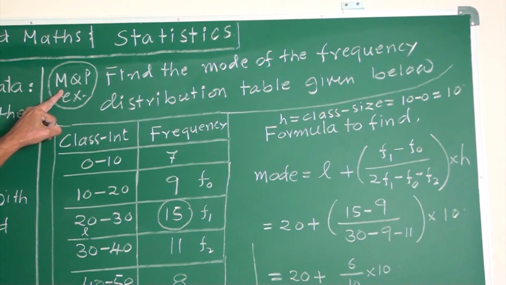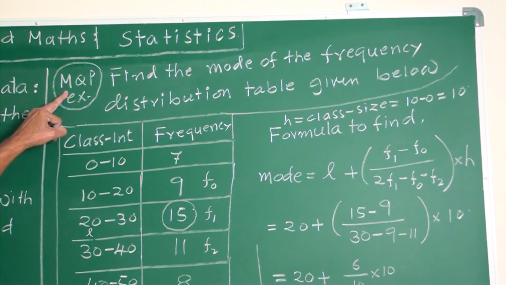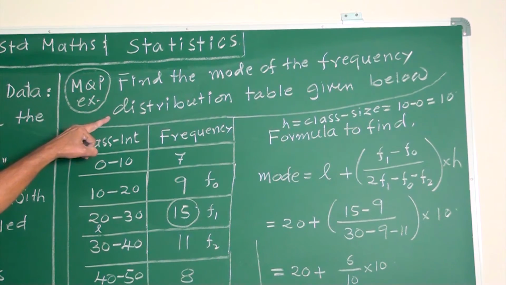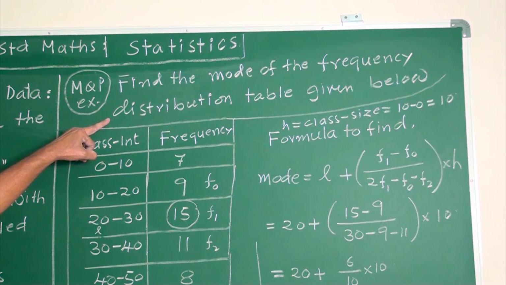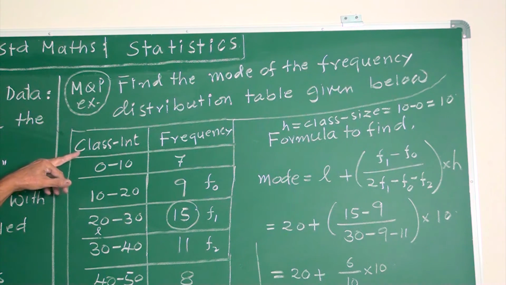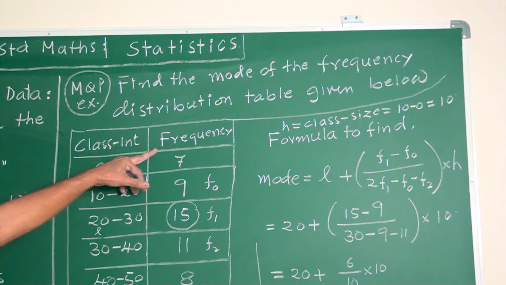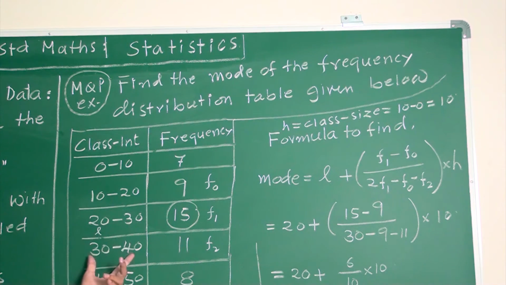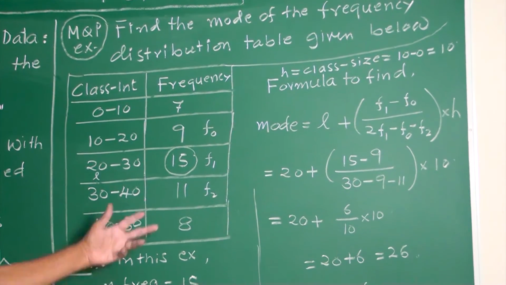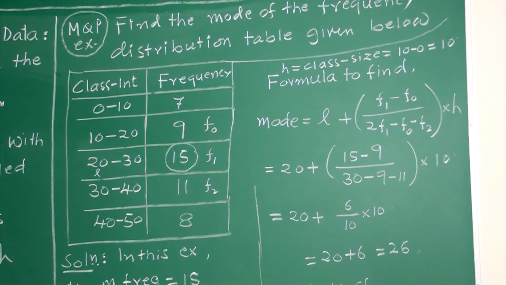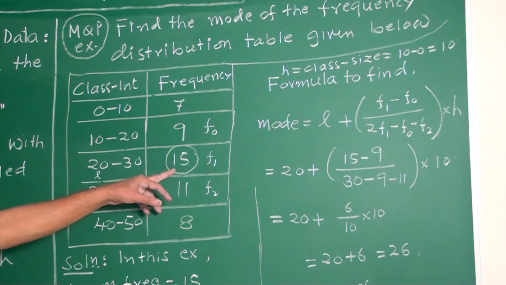This is one example given in the model question paper by the SSLC board this year, my friends. They have sent 2 model question papers, and this example is there. Find the mode of the frequency distribution table given below. Class intervals: 0 to 10, 10 to 20, 20 to 30, 30 to 40, 40 to 50, with these corresponding frequencies. To find the mode, the important thing is the maximum frequency.